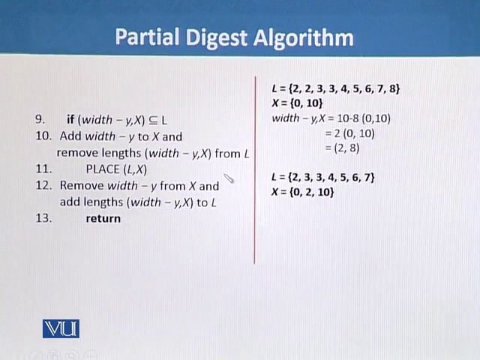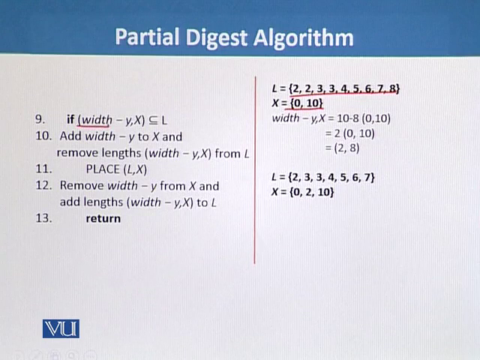So here we can see L is this one, X is 0, 10. Now we will calculate width minus Yx, and we know width is the maximum element in the L, that was 10.